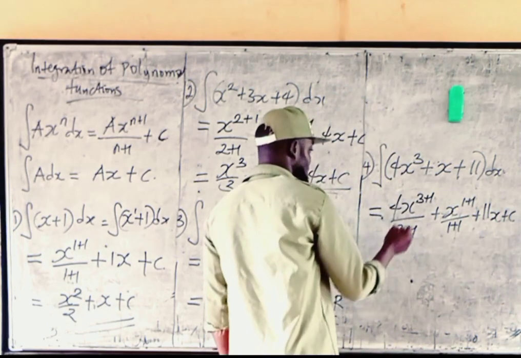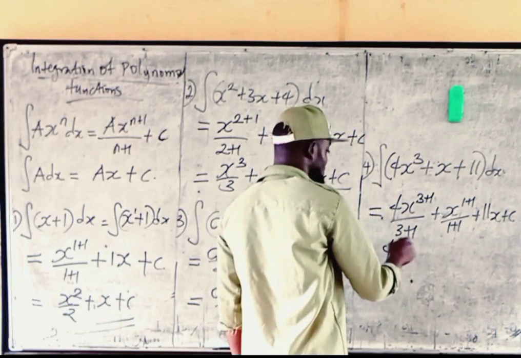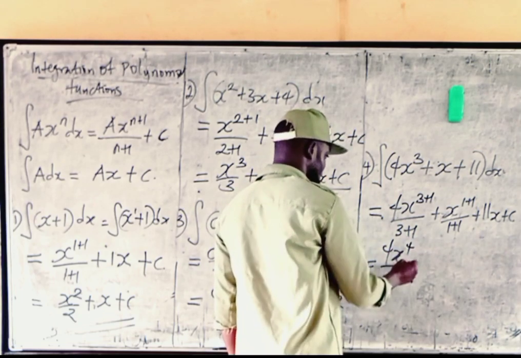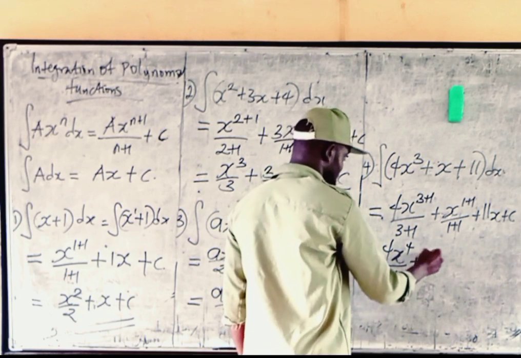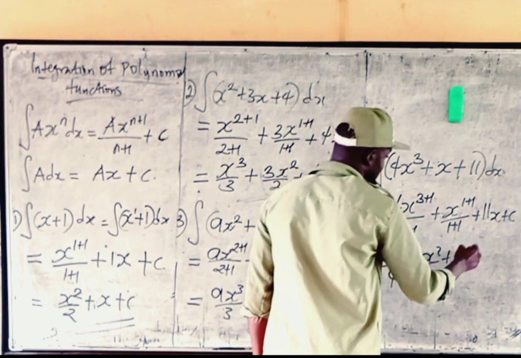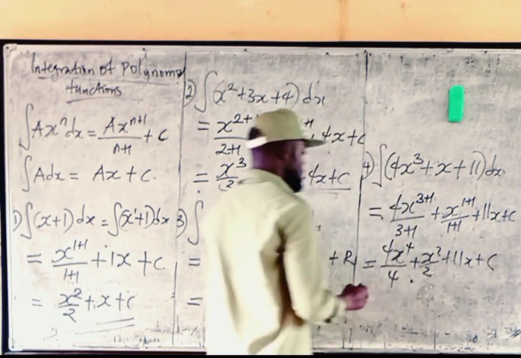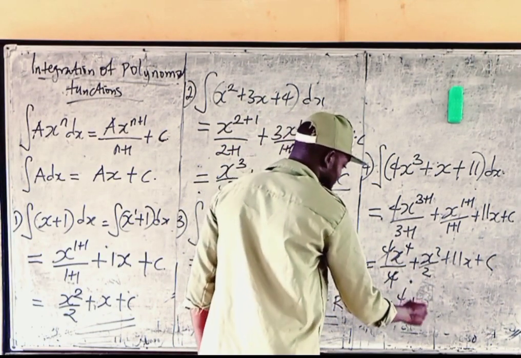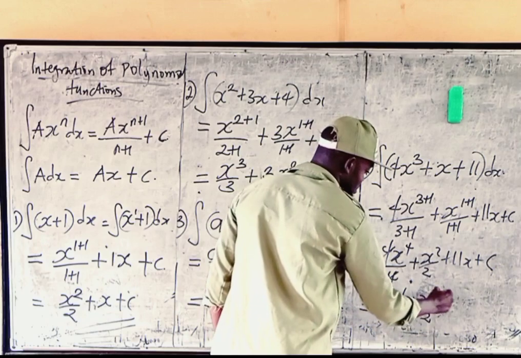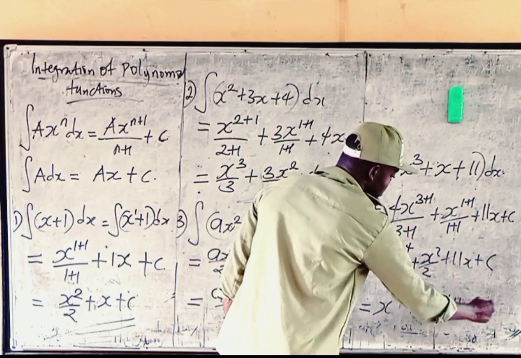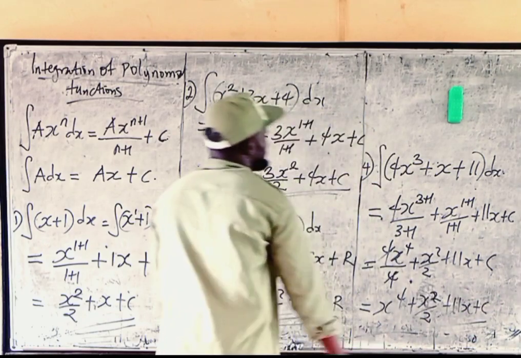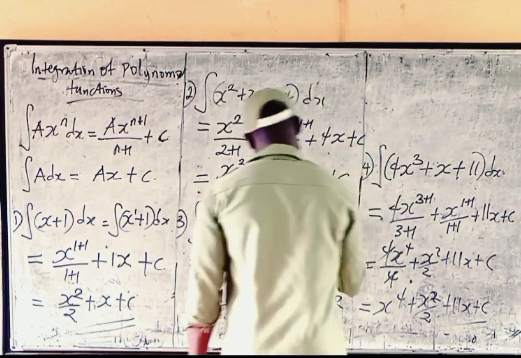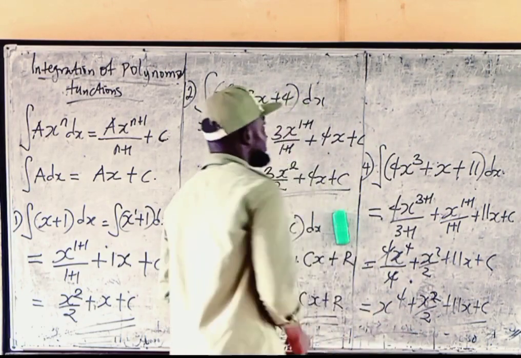So we'll be having 4 over 4 times x to the power 4 plus x squared over 2 plus 11x plus c. That will be the answer to that.